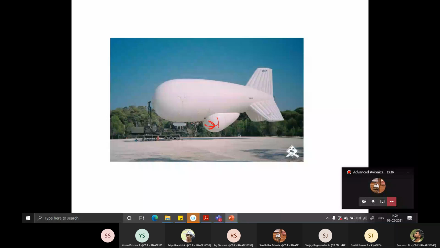Now tell me, suppose some guy fires from the bottom. Let's say the aerostat is here, and this is the ground, and some guy fires from the bottom. Some terrorist has sneaked into your territory and he is firing at it. Will the aerostat always come down or can it come down slowly? It will come down slowly.